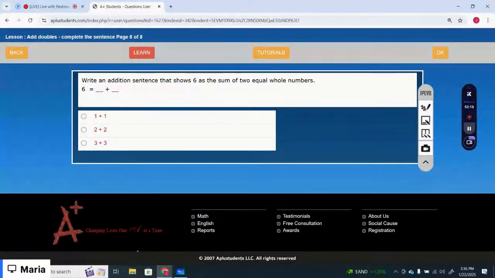Write an addition sentence that shows 6 as the sum of two equal whole numbers. 6 equals 3 plus 3. The last option is the correct option.